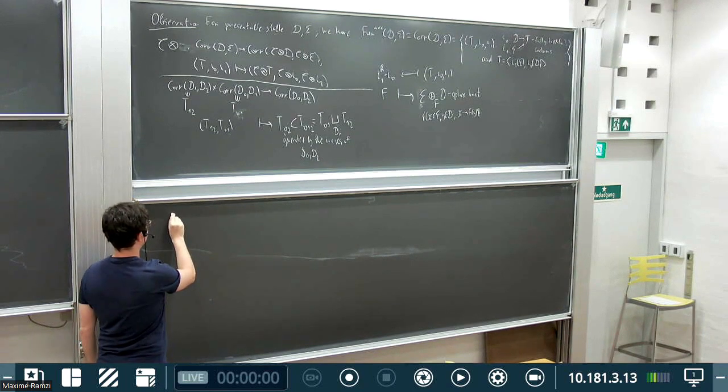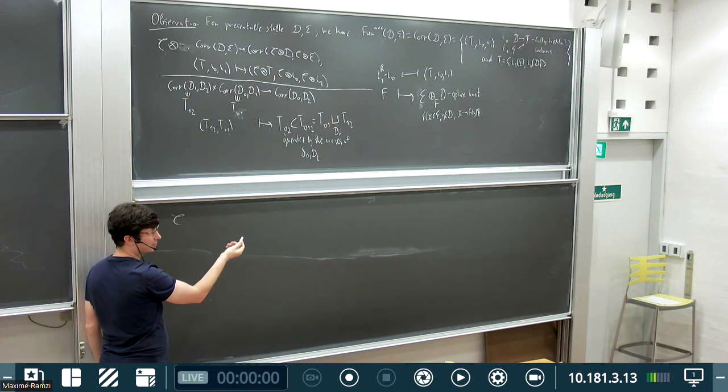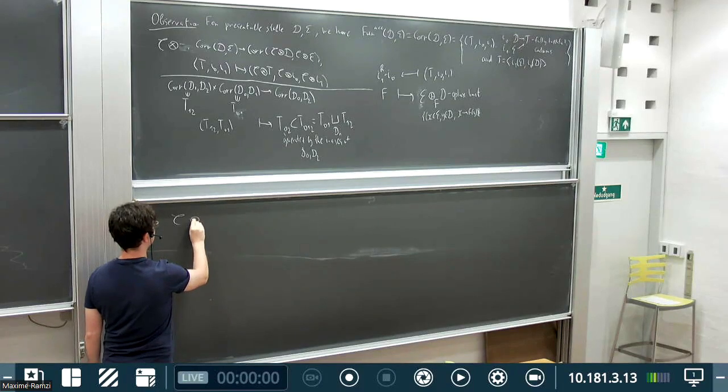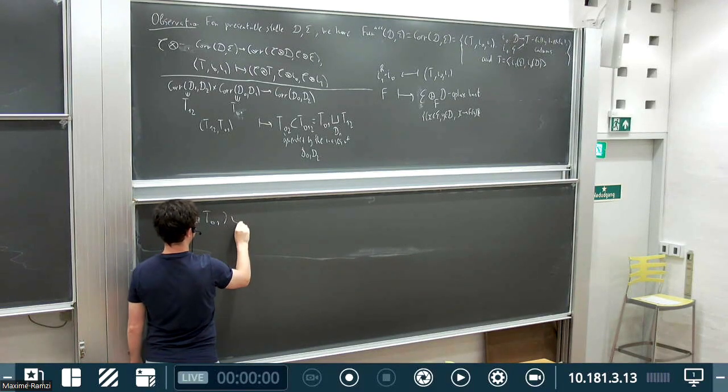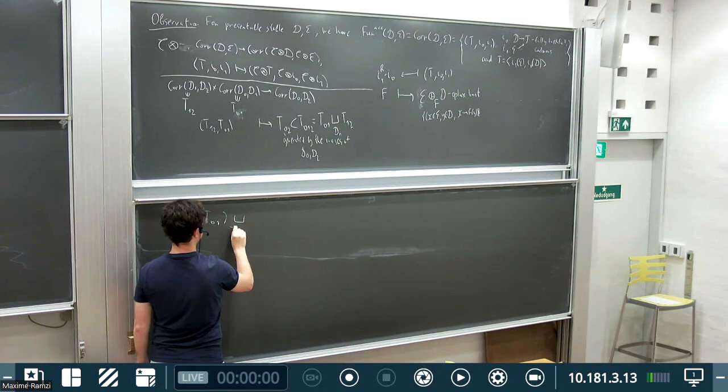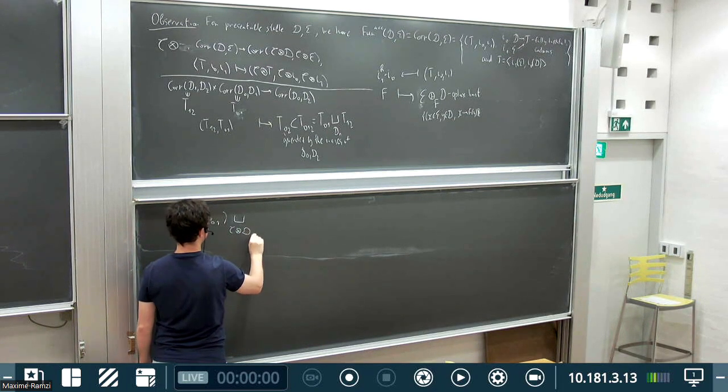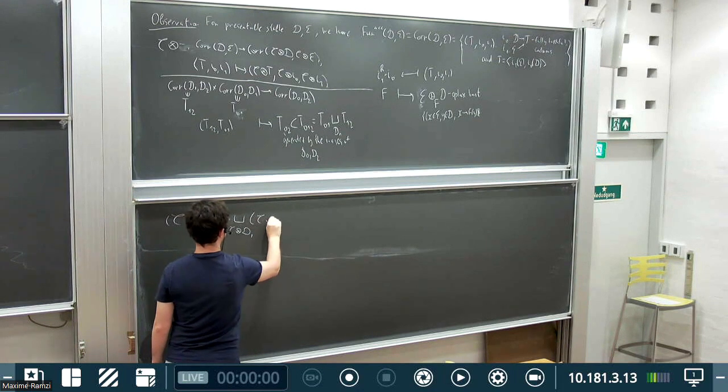Basically, tensoring with C commutes with all colimits, in particular with push outs. In particular, C tensor T01, you take push out along C tensor T1, C tensor T12.